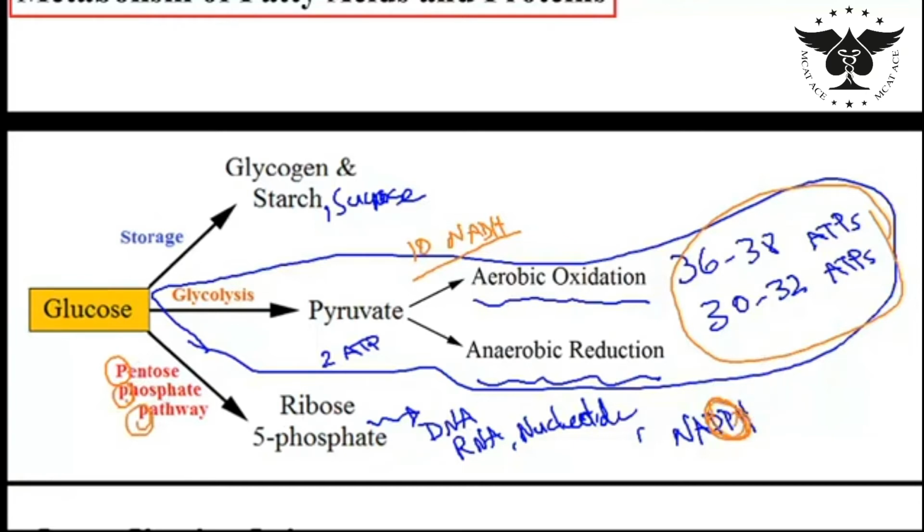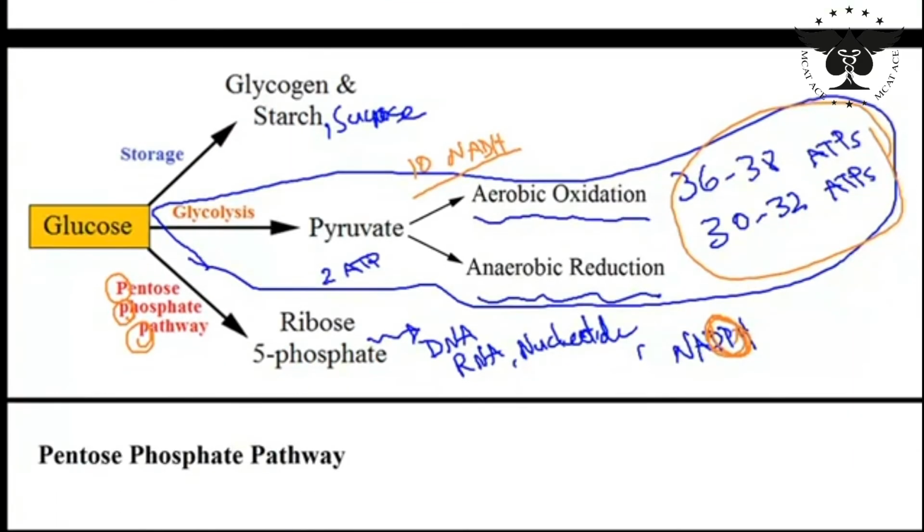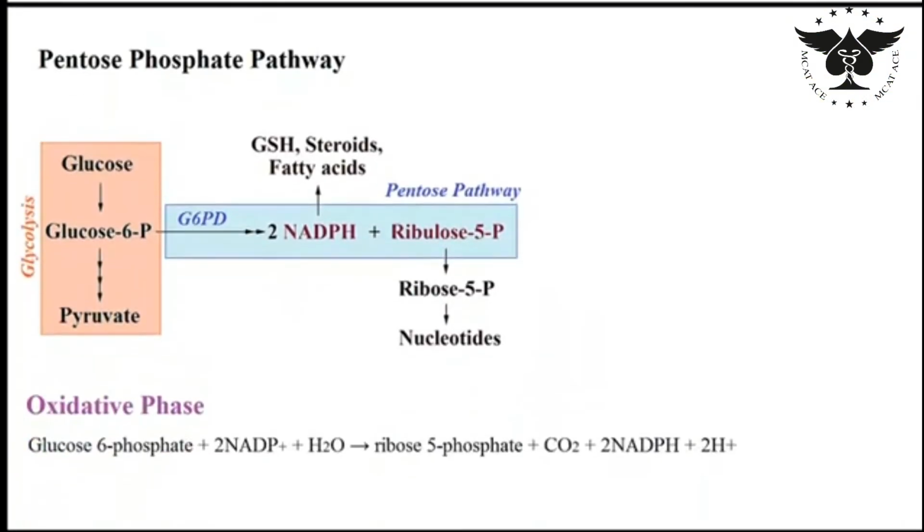All right, now with that background information, let's move on to the actual pathway. So here we have the pentose phosphate pathway, the other name for which is the hexose monophosphate pathway or shunt.